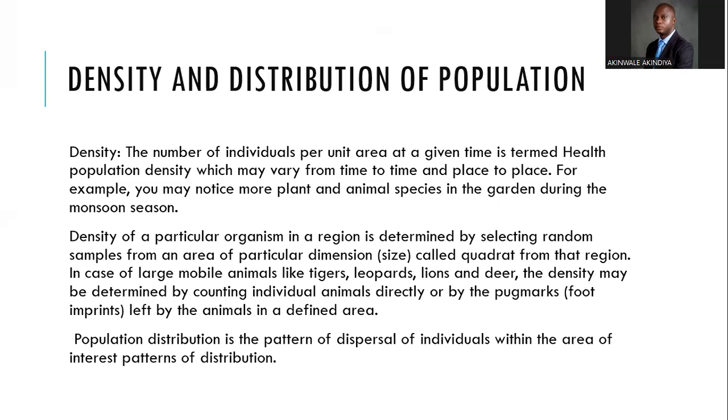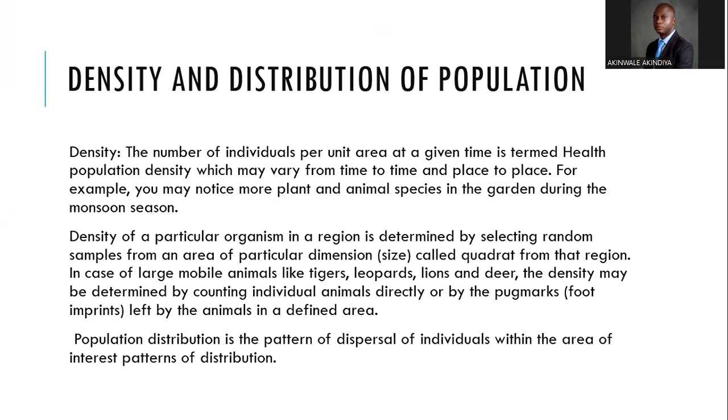For example, you may notice more plant and animal species in the garden during the monsoon season. So the density of a particular organism in a region is determined by selecting random samples from an area of particular dimension called quadrats from that region.